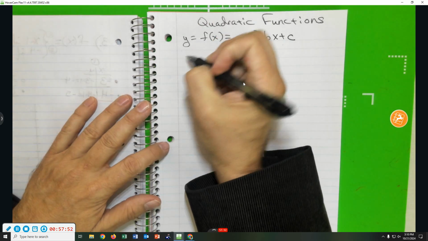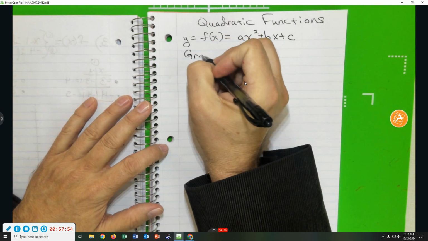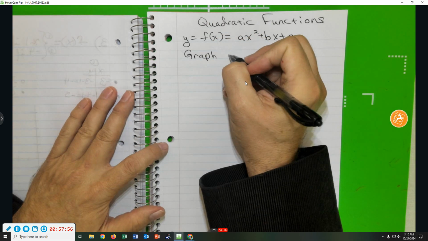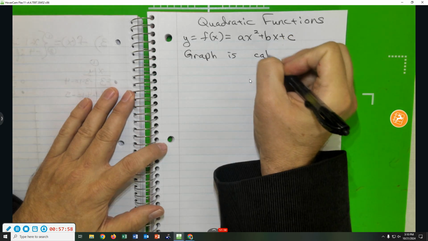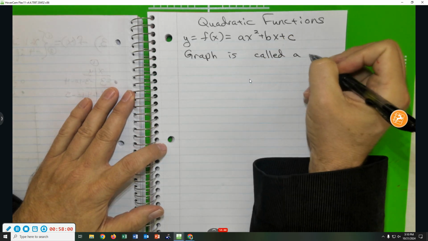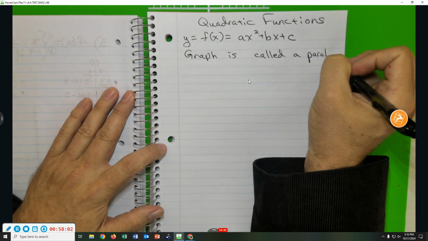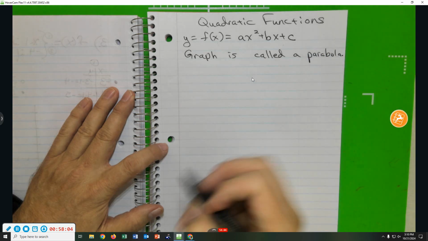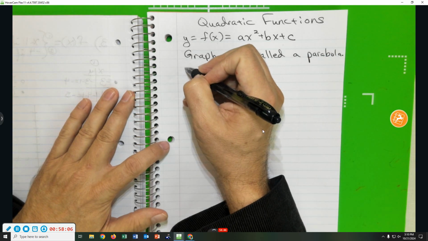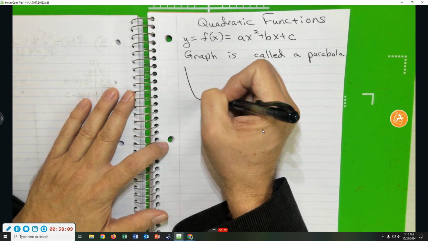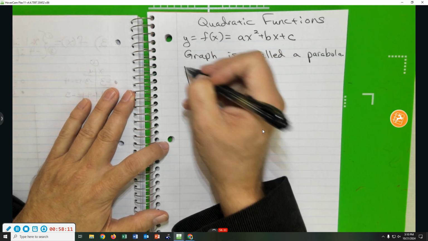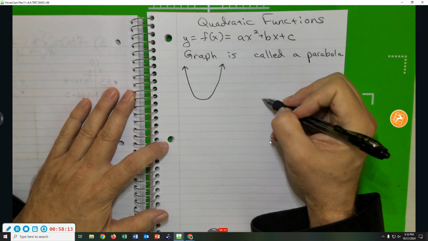We said that that graph was a smooth U shape called a parabola. And the parabola can open either upward or it can open downward.